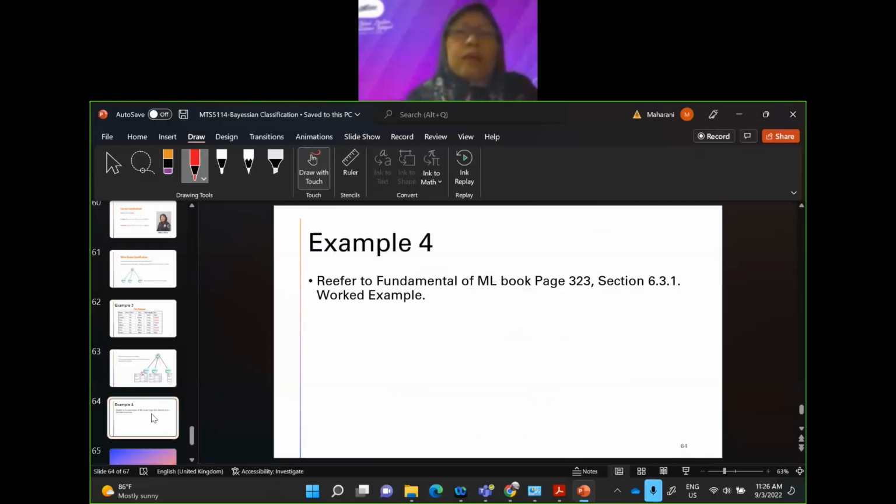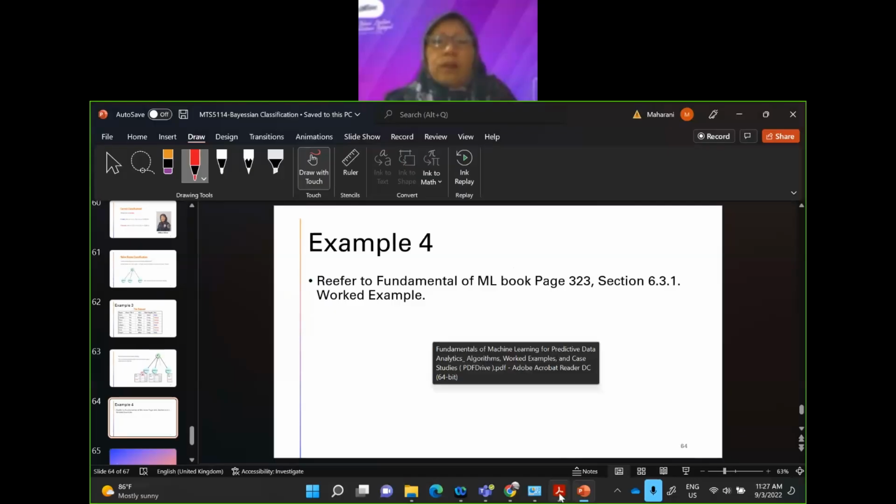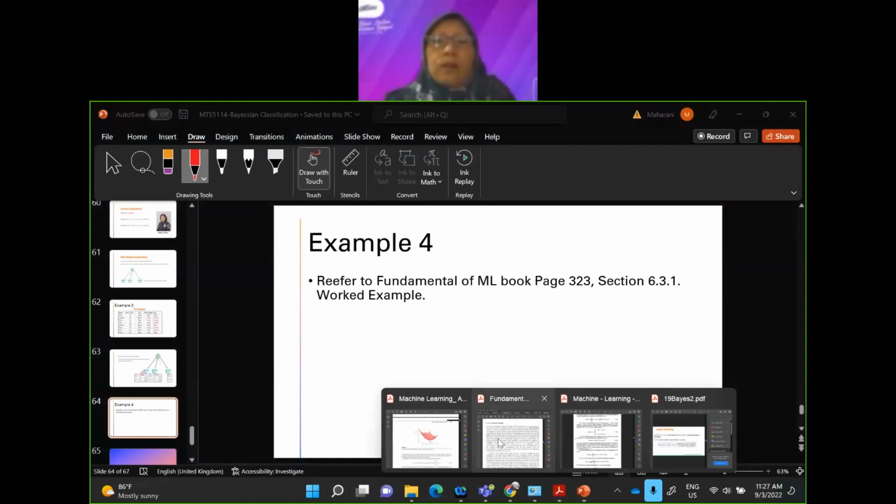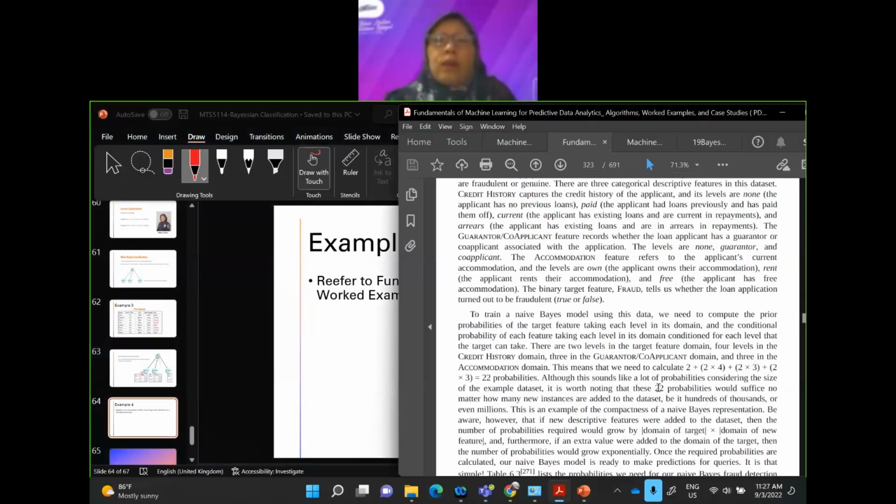Okay, and for another example of the naive Bayes theorem, you can refer to this book. Page 323, this section. Okay, worked example.